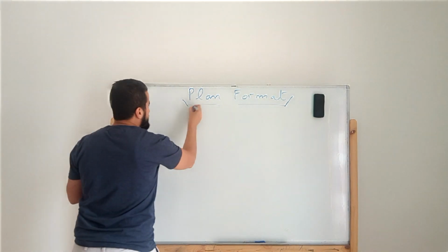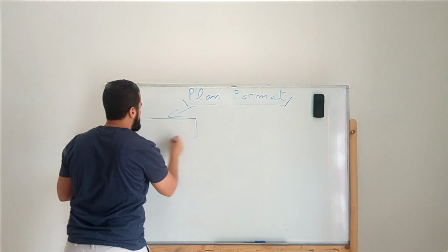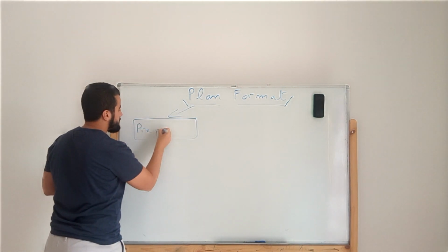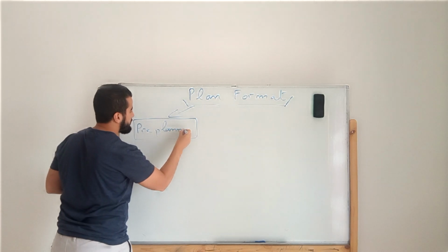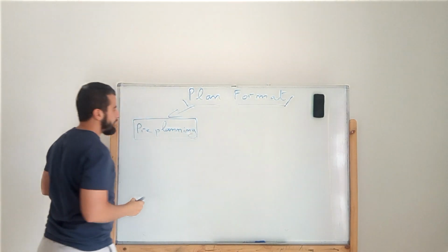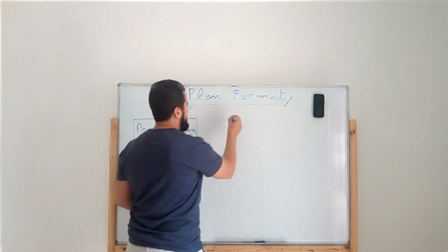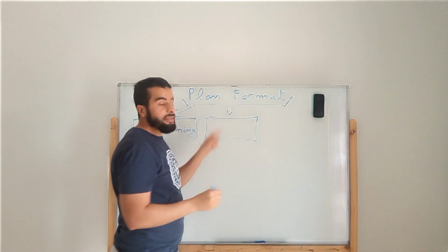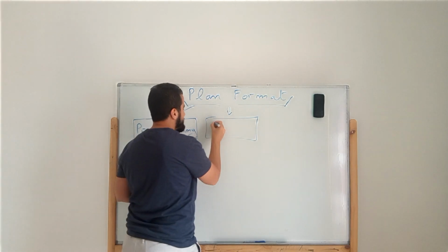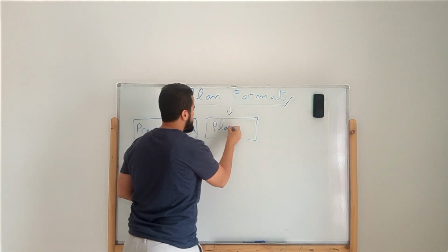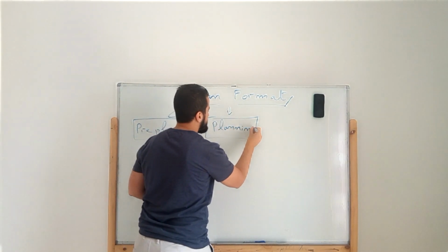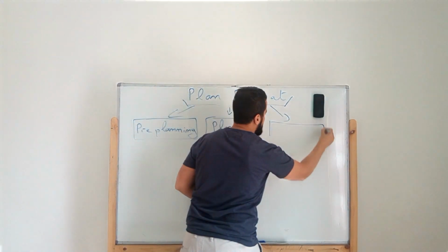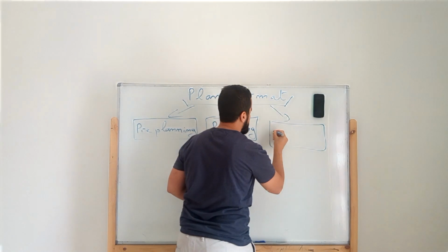The first one is called the pre-planning. Right? The second one is the planning itself. And here, the third one is learning outcome.